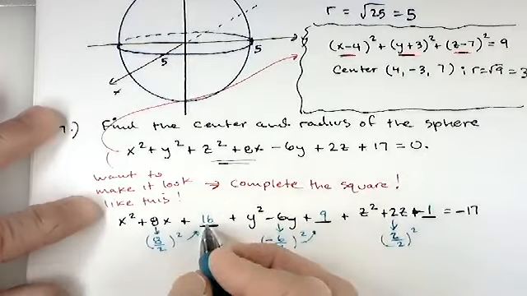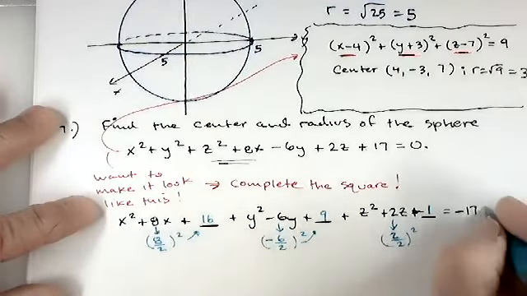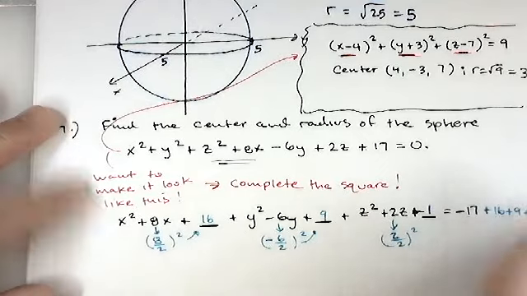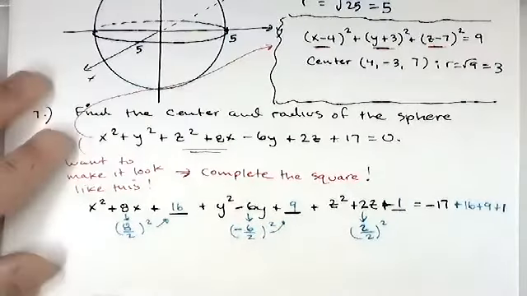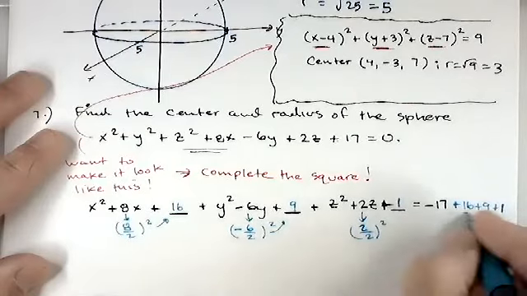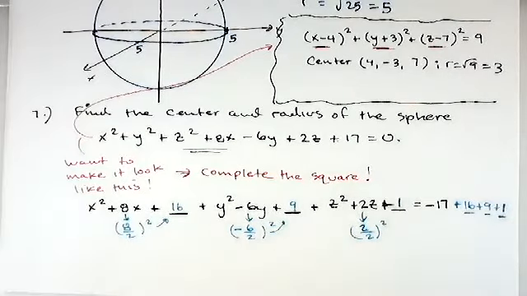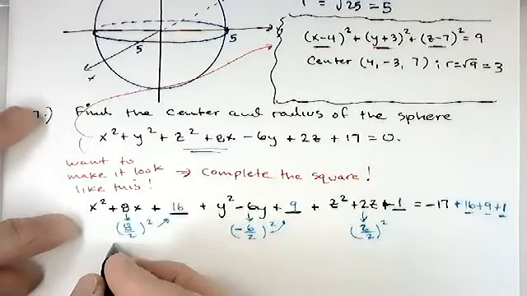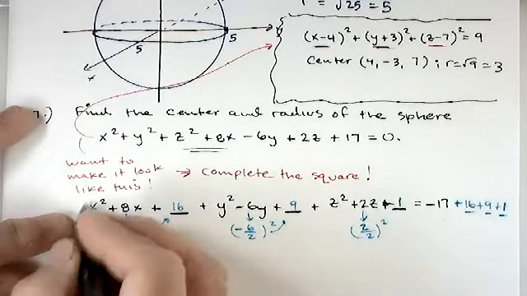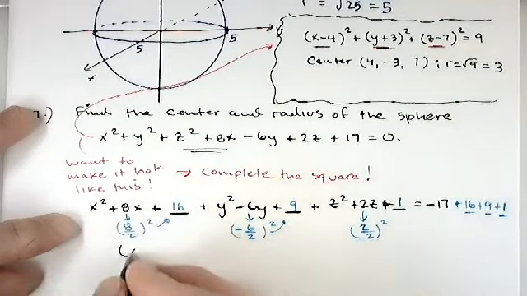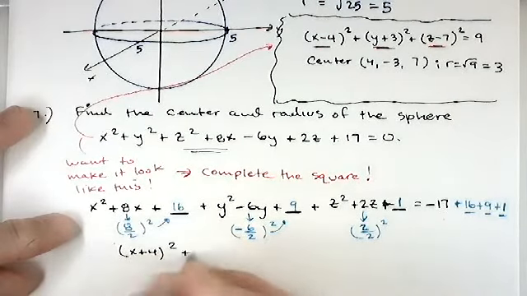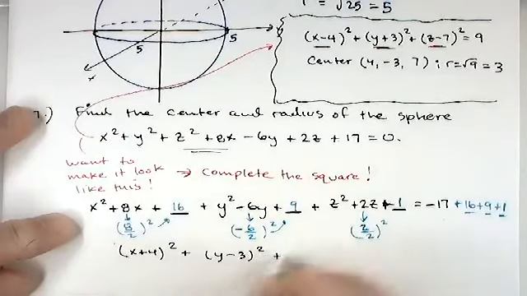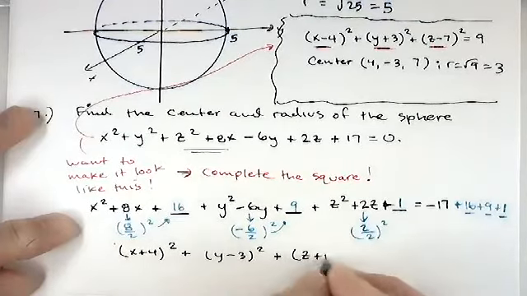When you add the 16, 9, and 1 to the left side, you have to make sure you do the same thing on the right side. Then if you factor what's left over, x squared plus 8x plus 16 factors into (x plus 4) squared. This factors into (y minus 3) squared, and (z plus 1) squared.